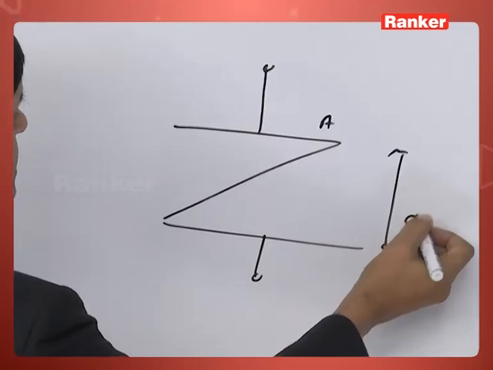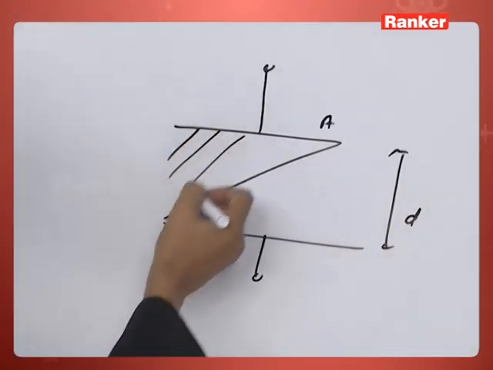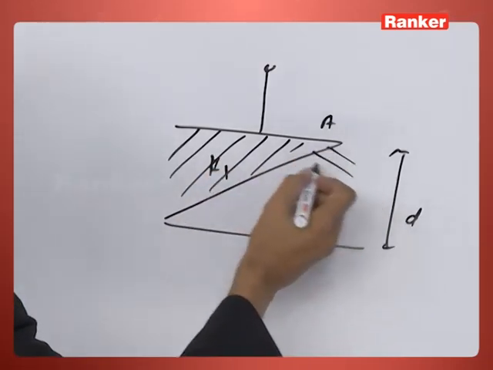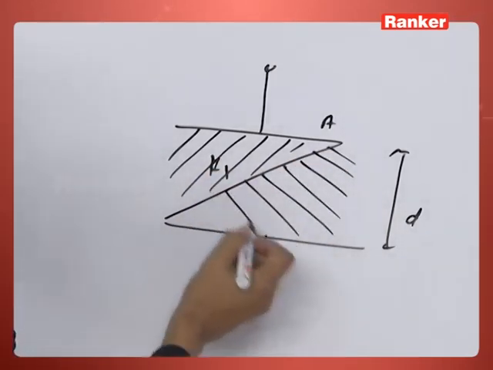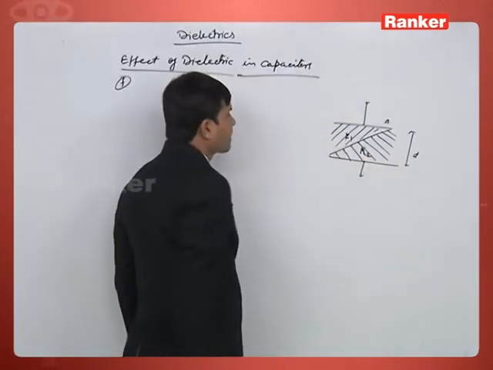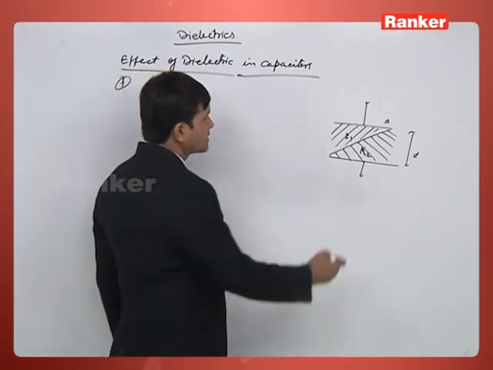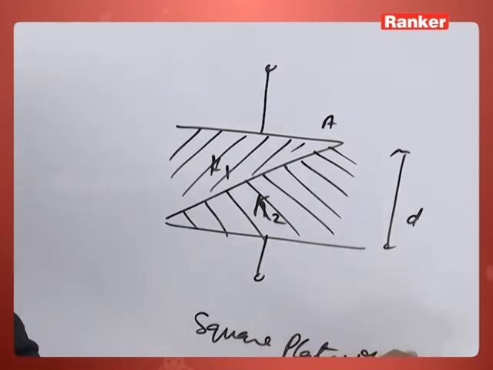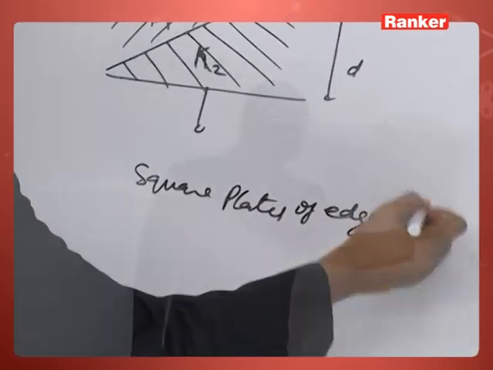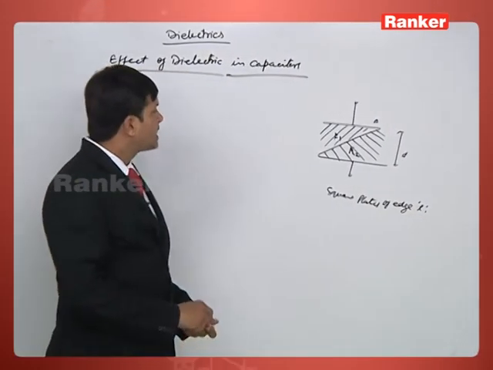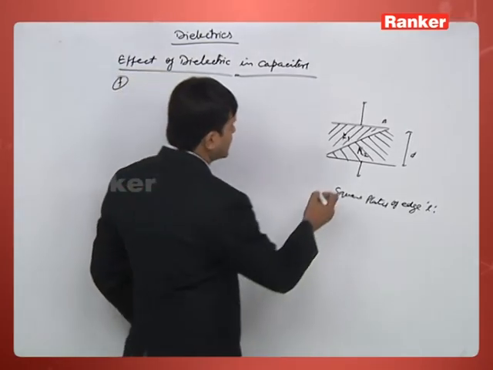See, let this place be filled with dielectric constant K1, and this filled with dielectric constant K2, and assuming a square plate of edge L. Suppose we are assuming the plates are square and the edge length is L, like this.